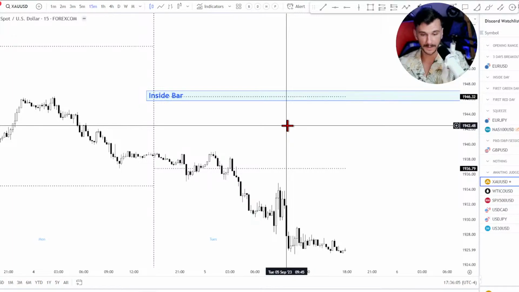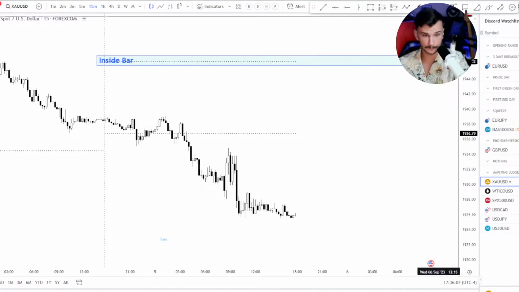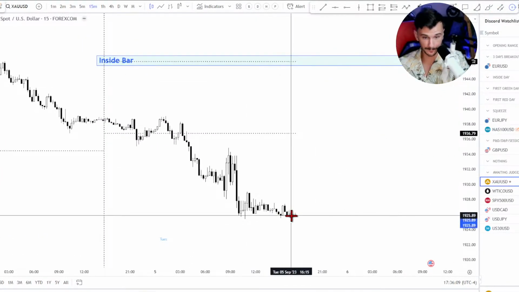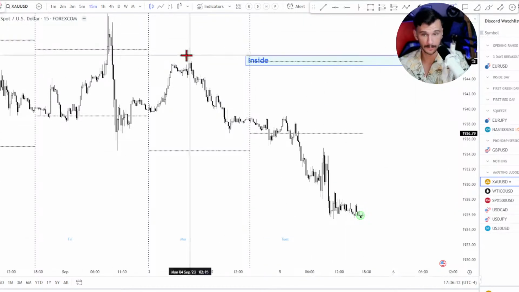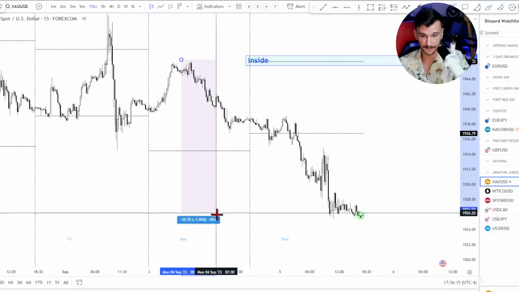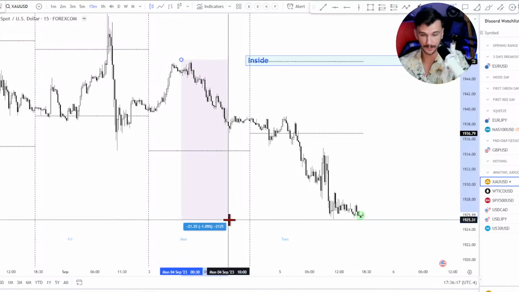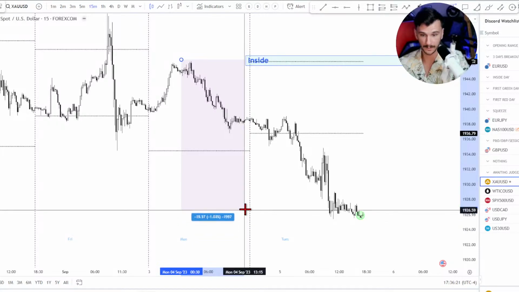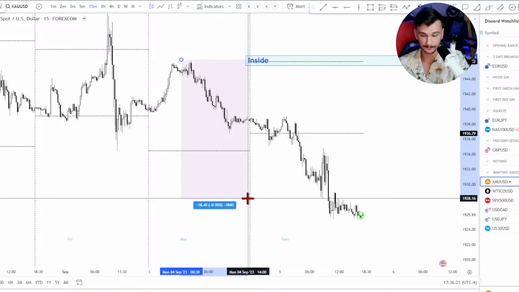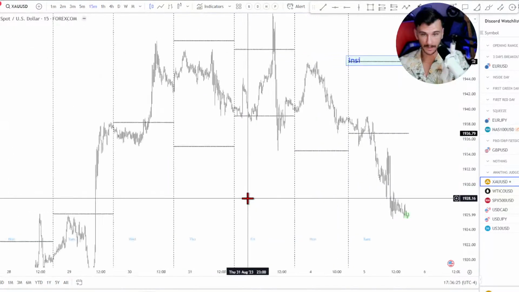But it's there, and I'm going to make sure that I annotate it. It's a pretty deep close outside of the opening range. How many pips down is this? It's really actually not that far for gold. To be honest, I thought it was a lot further. I'm not even going to annotate that.